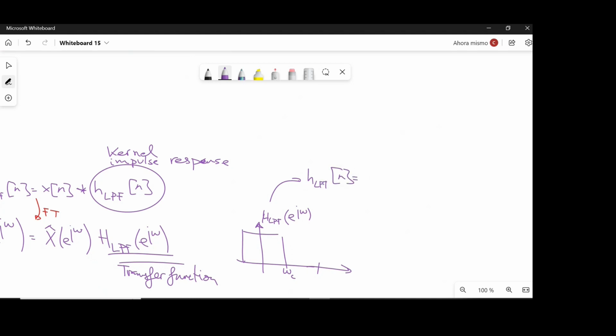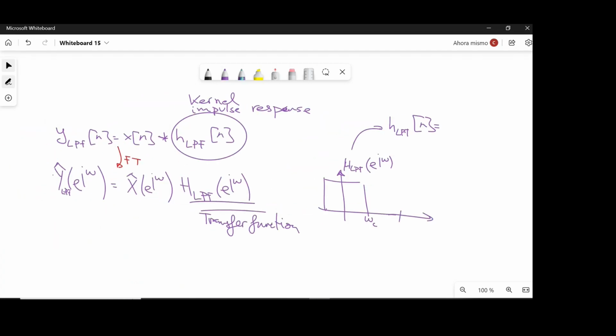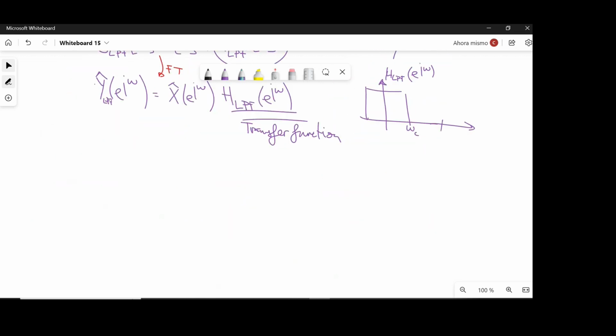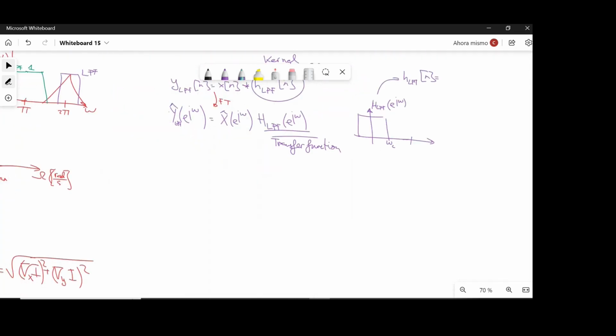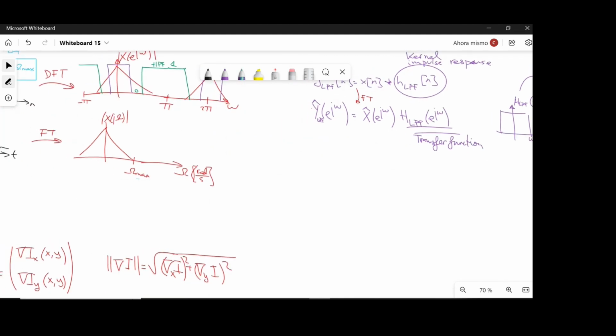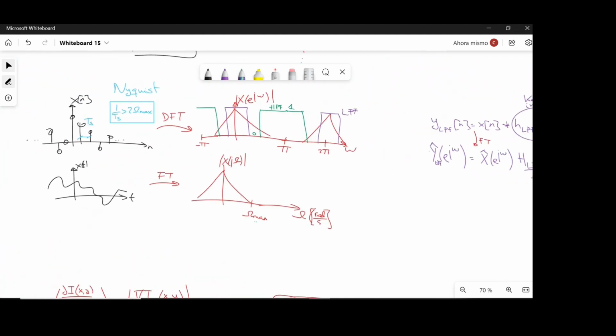This is a step function. And this is a sinc. There are small details. It is a sinc for continuous signals. Here it is a sinc.